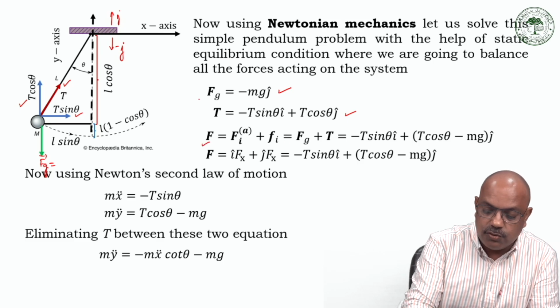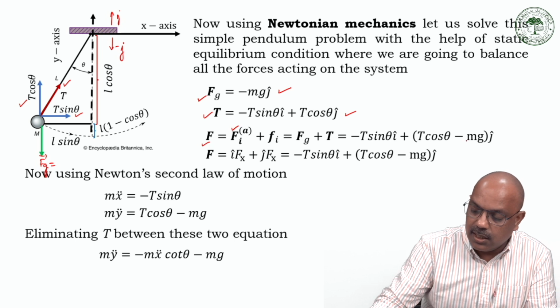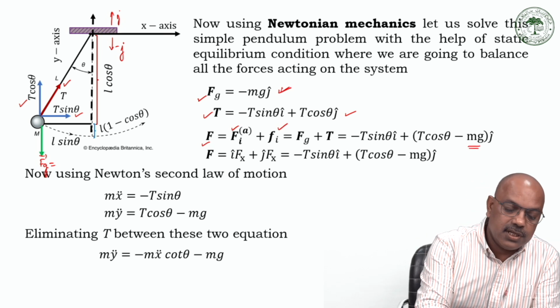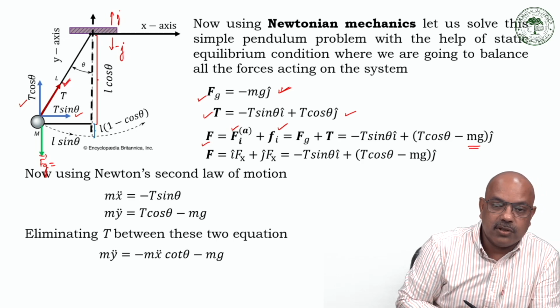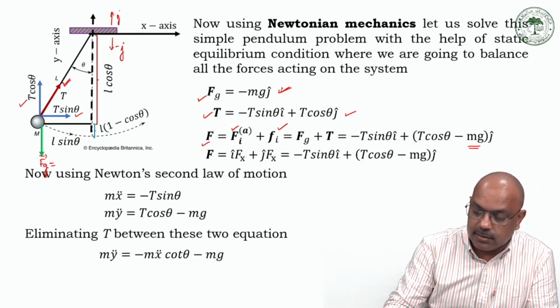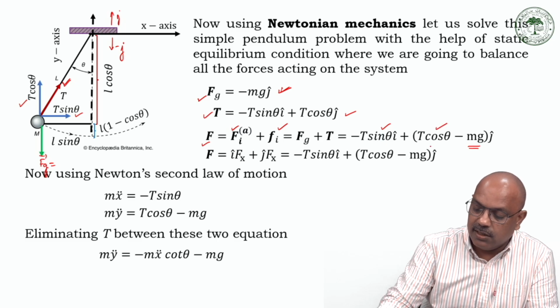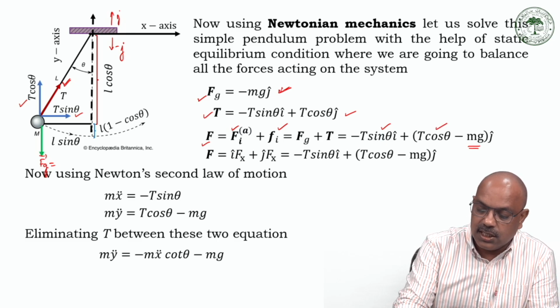Two forces are acting on this. This one is minus mg j, because of gravity, and then the constraint force because of the tension is going to be minus t sine theta i, and t cos theta j. We couple j with the j part, and i is there.